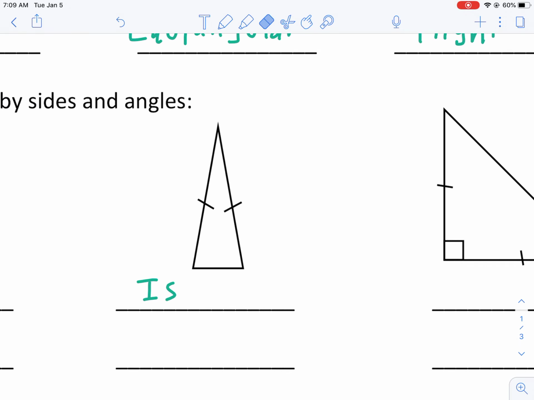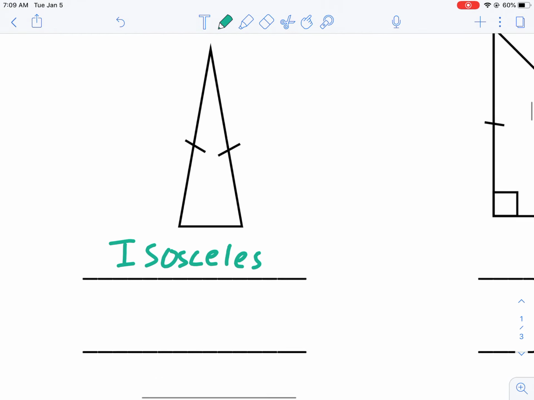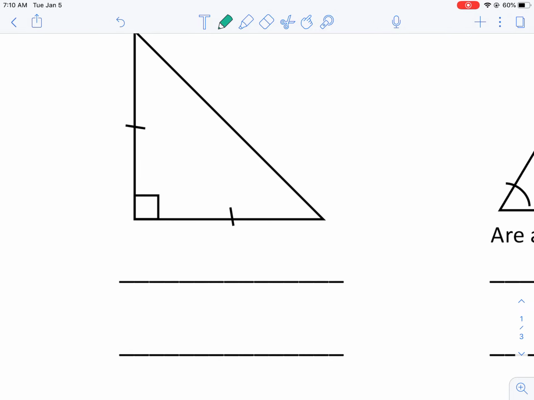Okay, that's an S. And then they all look acute to me, so I'm going to go with the acute. I guess with the angles, you're just eyeballing it, but it's all right. This one, isosceles again, okay? And then we've got a right angle, so that'd be a right triangle.